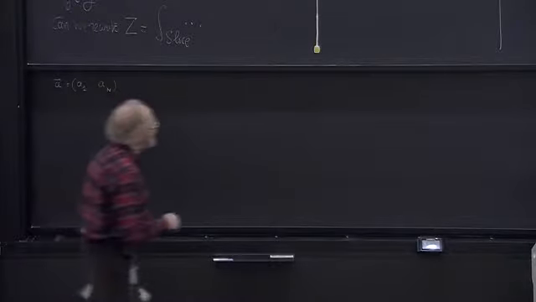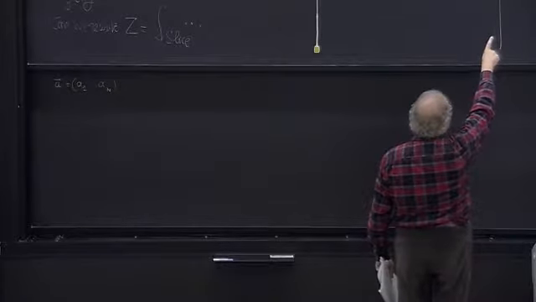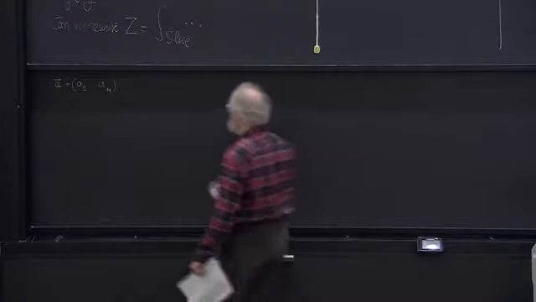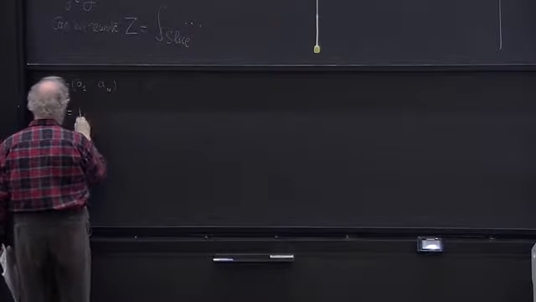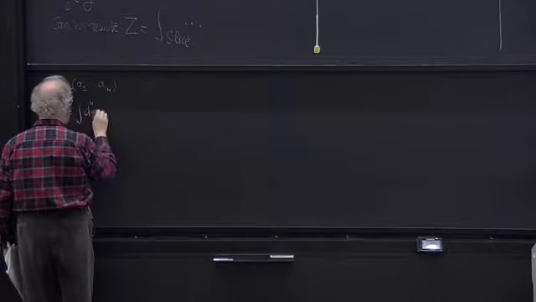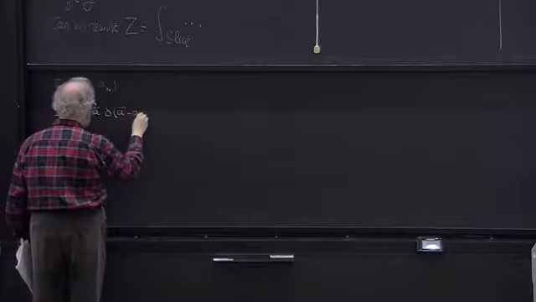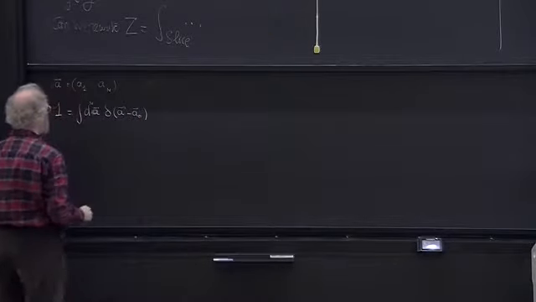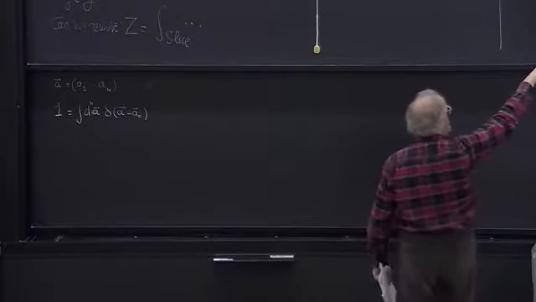So now I want to write that I want to integrate dA over A minus A naught. So I want to write 1 equal integral dnA delta of A minus A0. Okay, and I'm going to assume now that A0 is a point in Rn.